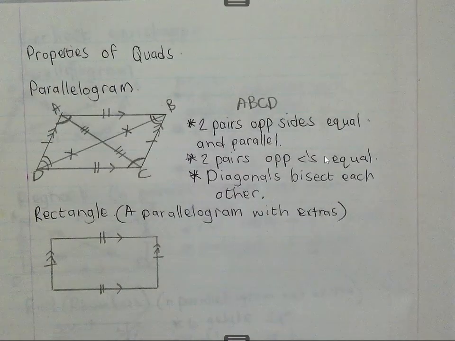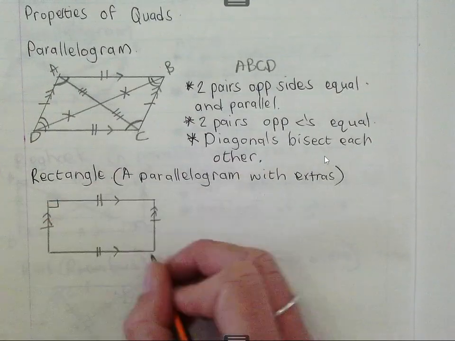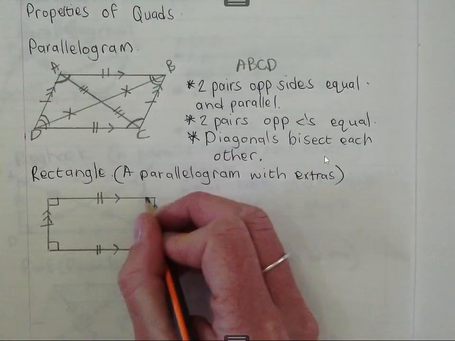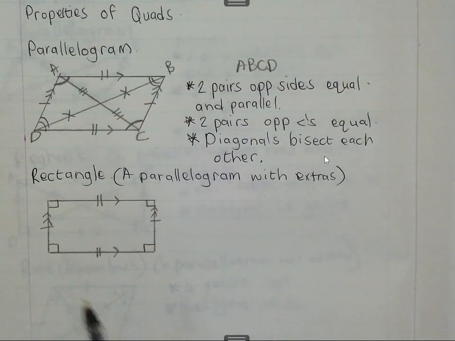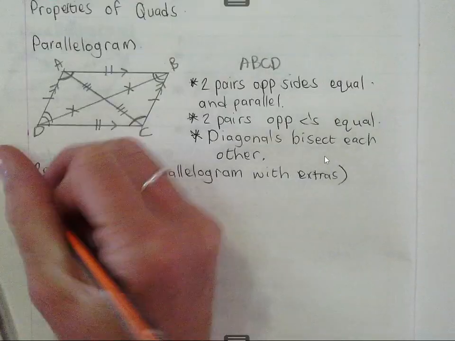I'm not going to rewrite those properties again. I already know that it's got two pairs of opposite angles equal to each other. But there's something different about these angles. No? They don't just have two pairs that are equal to each other.